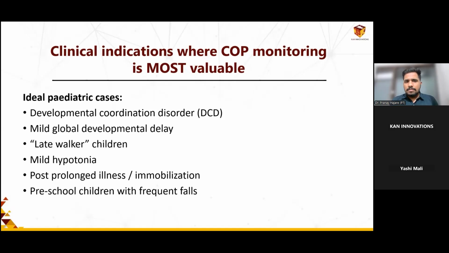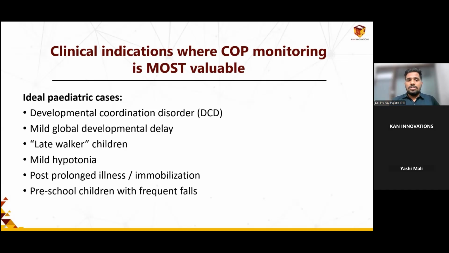Next, in hypertonic children, the center of pressure clearly reveals excessive sway or mediolateral deviation, sometimes obvious even during simple observation. Next, after immobilization, the center of pressure helps you detect asymmetrical loading or a fear-avoidance pattern in children.